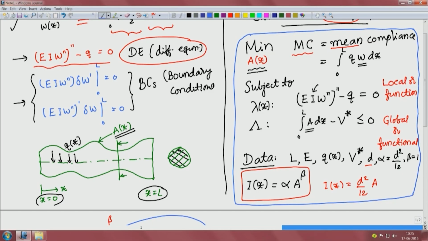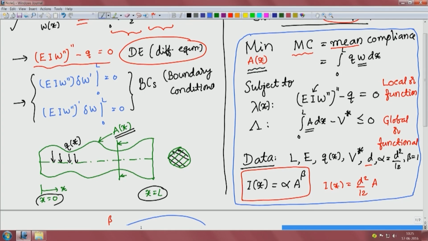Since we spent quite a bit of time in understanding calculus of variations, we should be able to solve any problem that is given to us when a problem statement is complete, meaning that everything is properly written up. Then any number of constraints, whether equality, inequality, local or global, does not really matter. We can just mechanically do the variation, write the differential equation, boundary conditions, and formulate the equations with which we solve the problem of structural optimization.